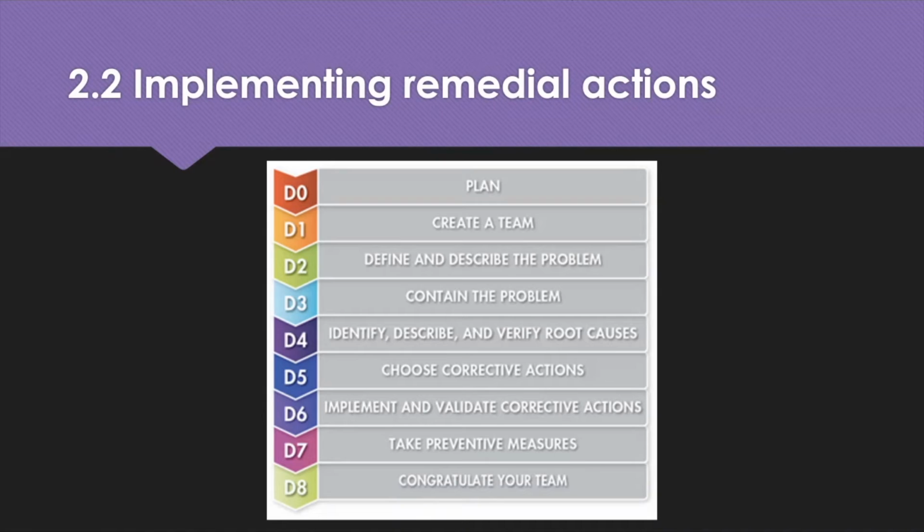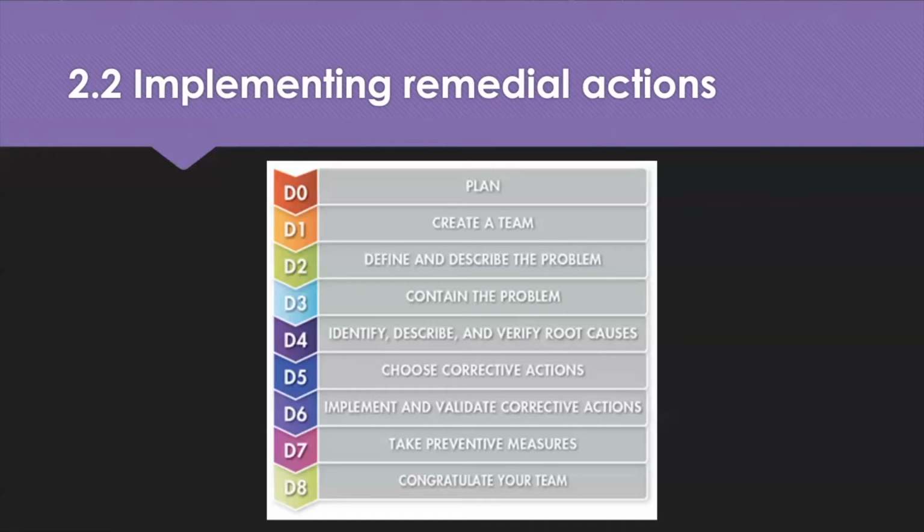An example on the screen is the 8 disciplines approach, or the 8 Ds model. This problem-solving approach aims to prevent, contain, and correct problems, and it has its roots in the Ford Motor Company, but has spread way beyond the automotive industry, and it's now really common in industries like healthcare, retail, finance, and the government.